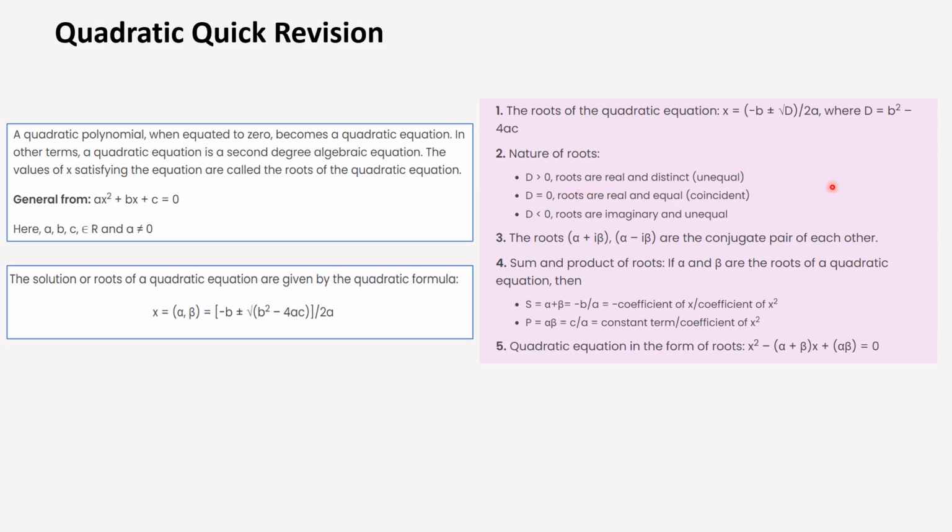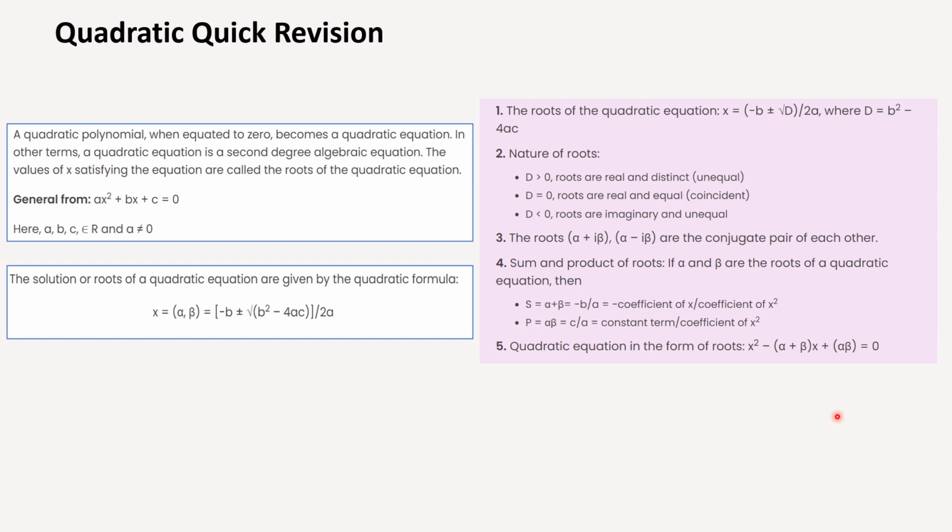But if b square minus 4ac, or D, is equal to 0, it means that roots are real and equal, so both roots are equal. And the third category is when D is negative, less than 0. It means there are no real roots. This part you can ignore because it is like a complex number.